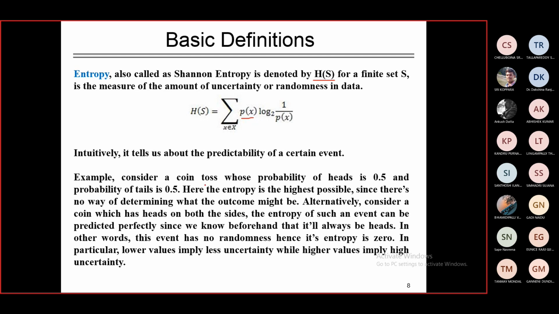Now, consider another case where the coin has heads on both sides. Before we toss the coin, we can easily say that every time we will get heads, because both sides of the coin are heads. Therefore, the outcome of such an event can be predicted perfectly, since we know beforehand that it will always be heads.